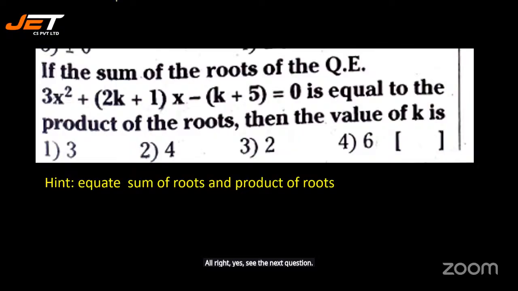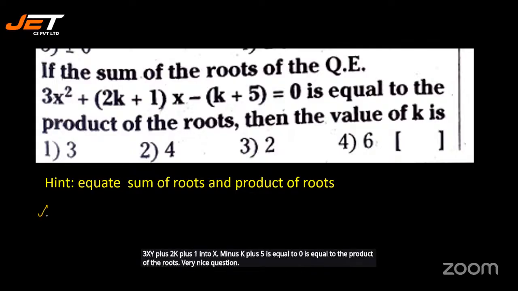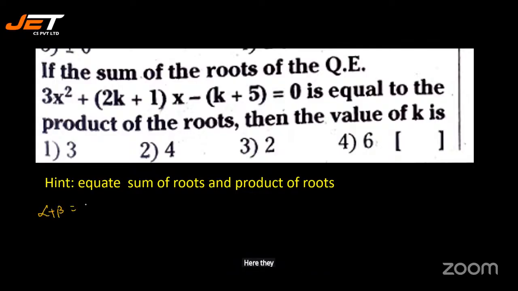If the sum of the roots of the quadratic equation 3x square plus (2k plus 1) into x minus (k plus 5) is equal to 0 is equal to the product of the roots. Very nice question. Here they say alpha plus beta is equal to alpha beta. So what is alpha plus beta? This is minus b by a. This is c by a. Am I right? So what is minus b by a?